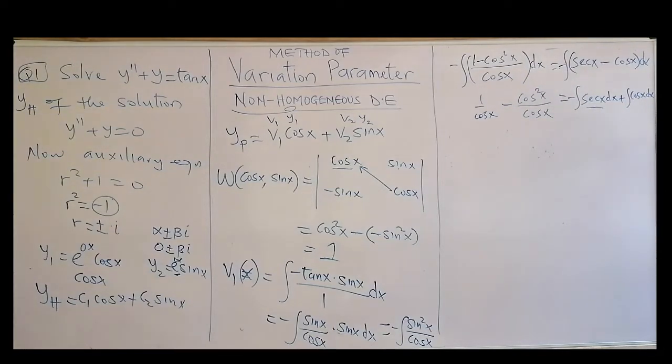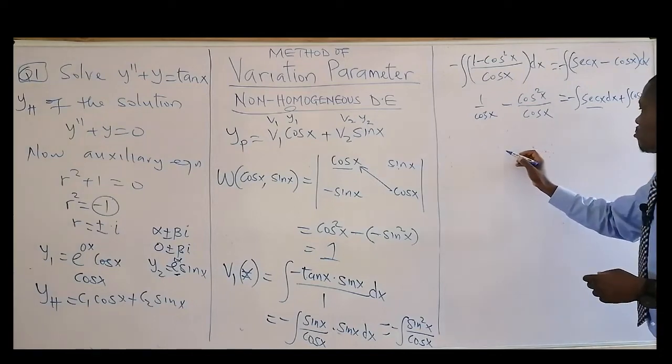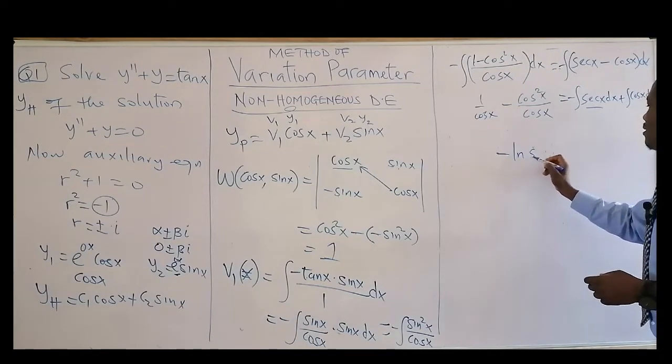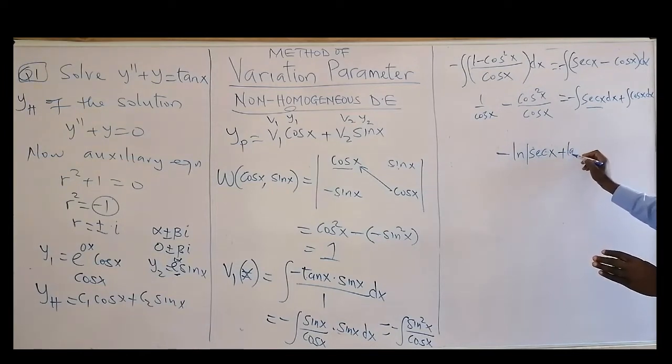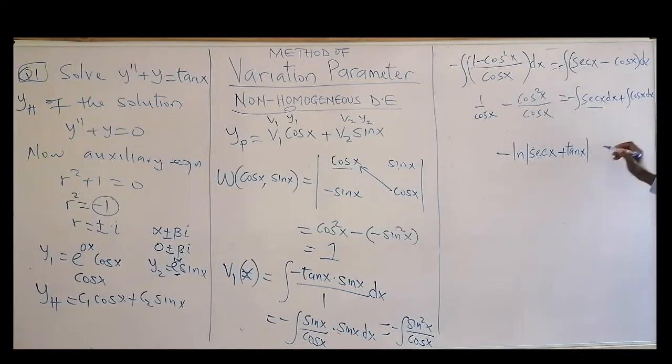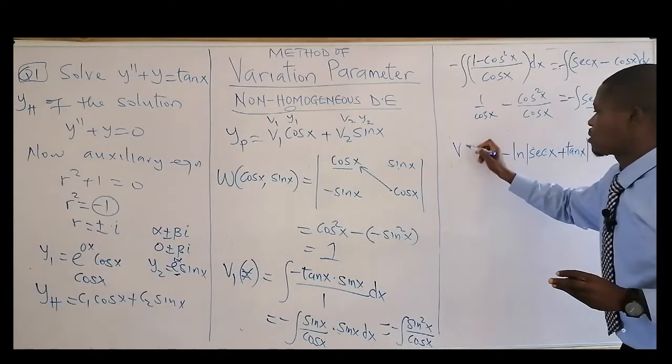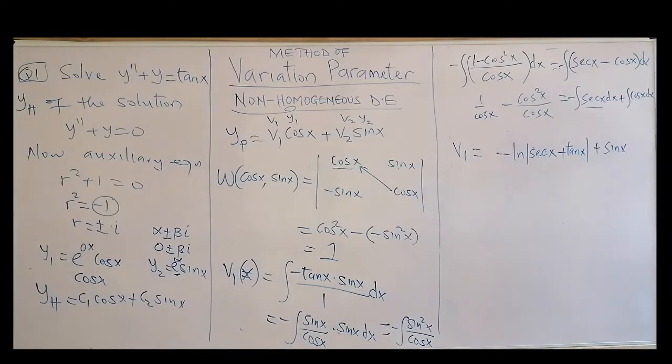The integral of sec x is a table result: ln of sec x plus tan x, and the integral of cos x is sin x. So that's my B1: minus ln of sec x plus tan x, plus sin x.